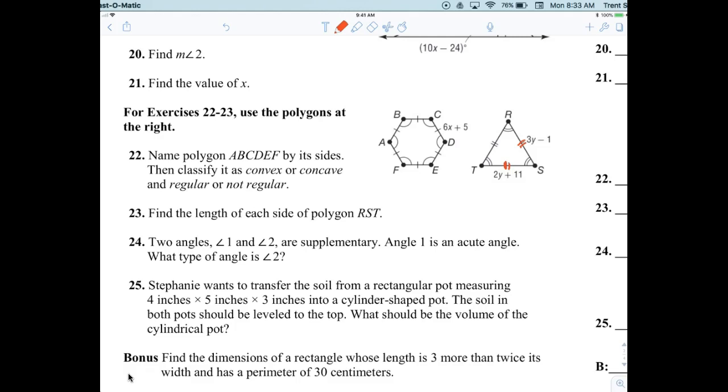So it's just 3y minus 1 equals 2y plus 11. So y equals 12. Do you agree? But is that the answer? No, because it says find the what? Find the length. So you have to do 3 times what? 12 minus 1. And 3 times 12 minus 1 is what?